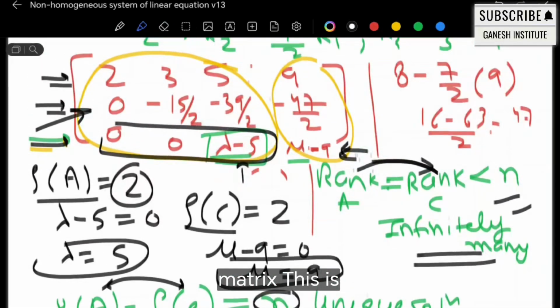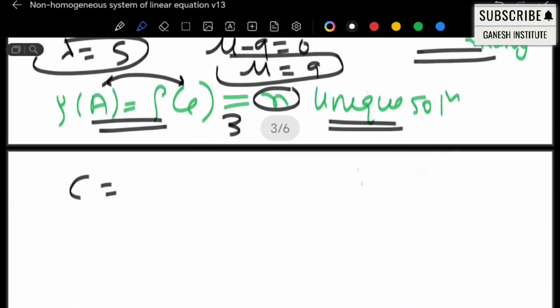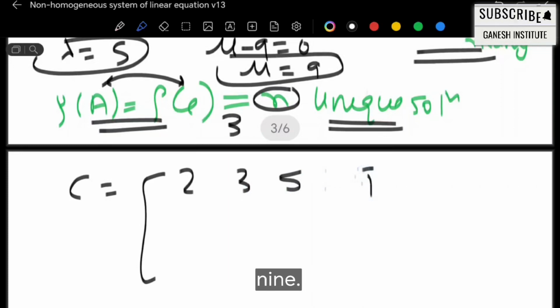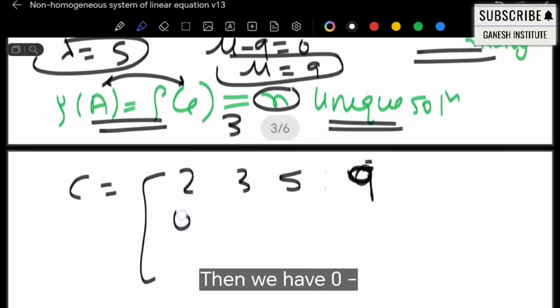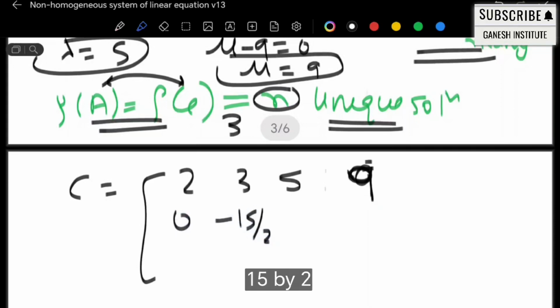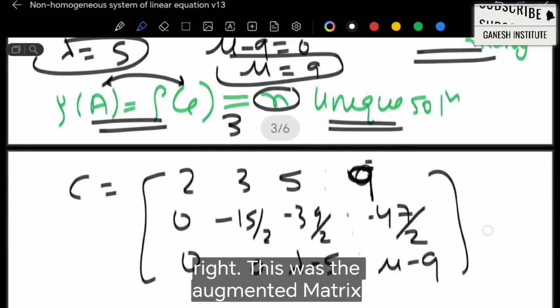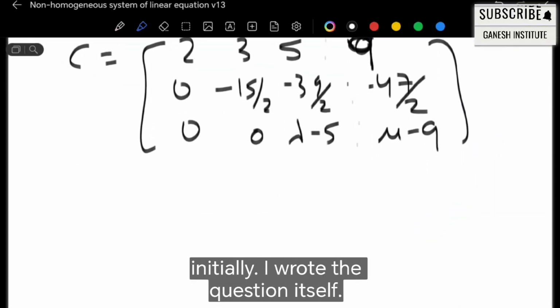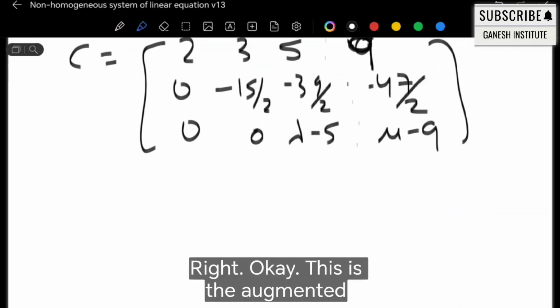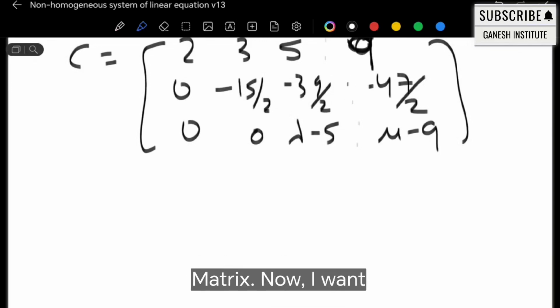This is 2, 3, 5. Here is 9. Then we have 0, minus 15 by 2, minus 39 by 2, and minus 47 by 2. 0, 0, lambda minus 5, mu minus 9. Right? This was the augmented matrix. Initially, I wrote the question itself. Right? Okay, this is the augmented matrix.